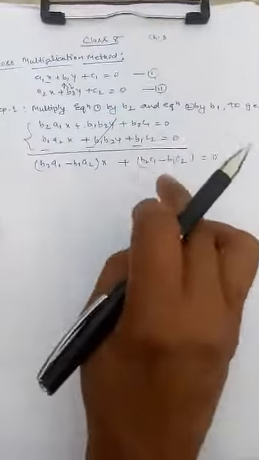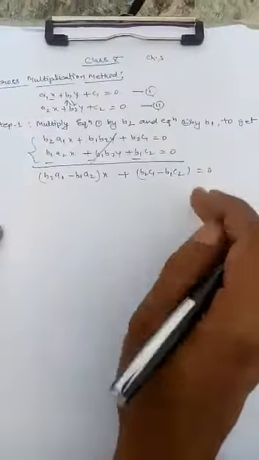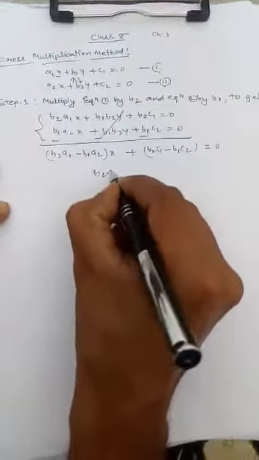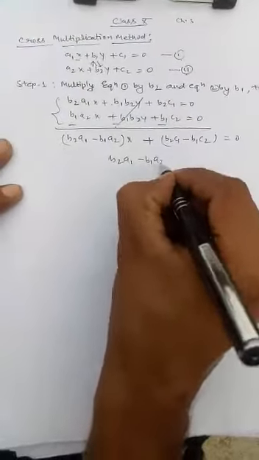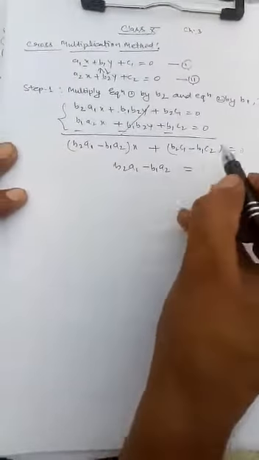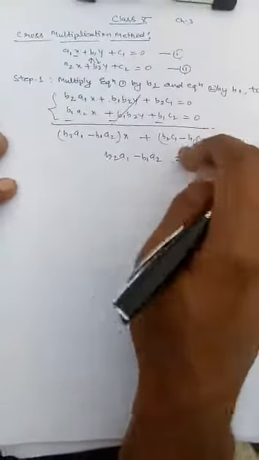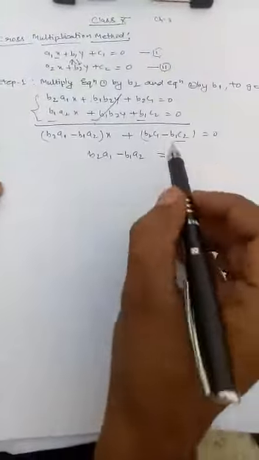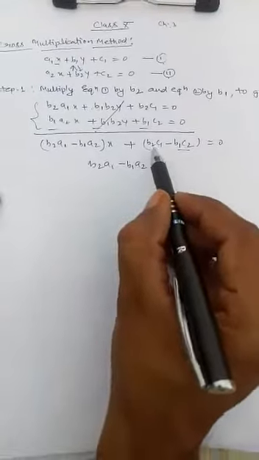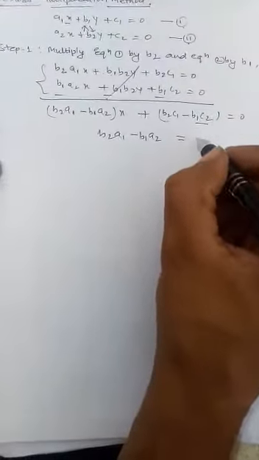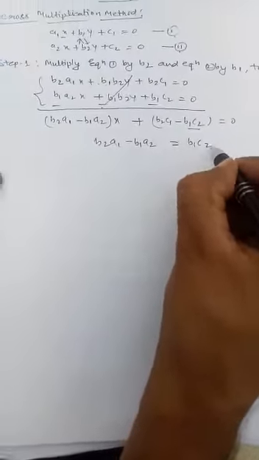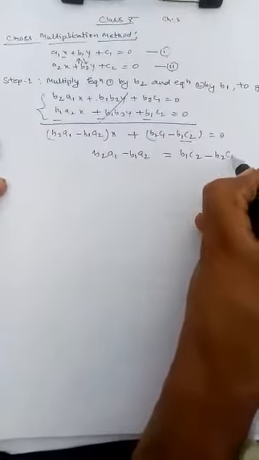Now we can transpose this whole quantity to this side, so we have b2 a1 minus b1 a2 equals, now we can interchange. We can write this term first because while transposing plus becomes minus and minus becomes plus, so we write b1 c2 minus b2 c1.